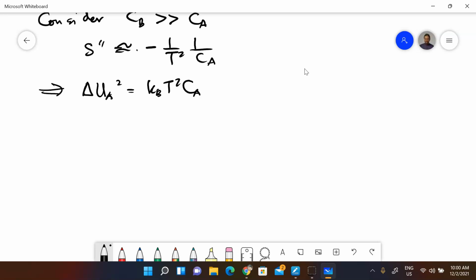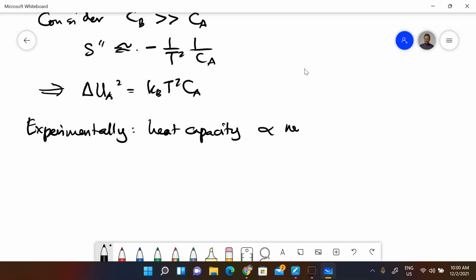The other thing that one can look at experimentally is also the following. Heat capacity is proportional to the number of particles.